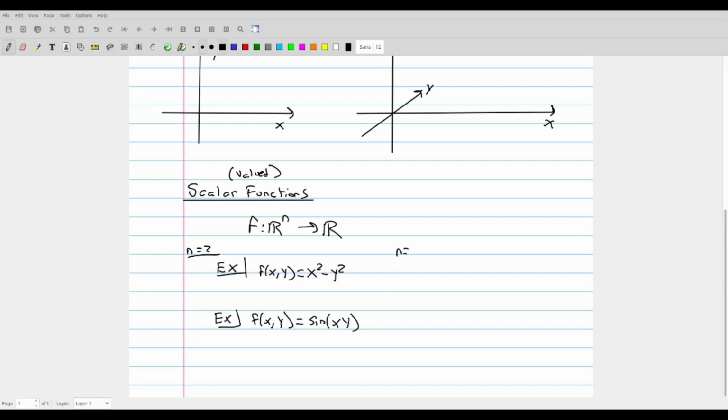We'll also be considering scalar valued functions of three variables. So this means that f depends on x, y, and z.